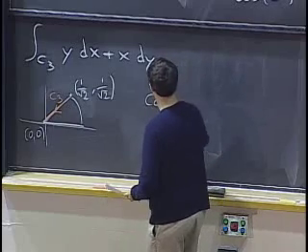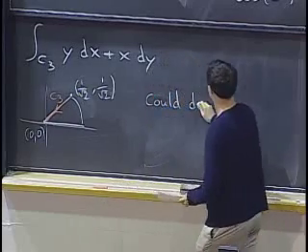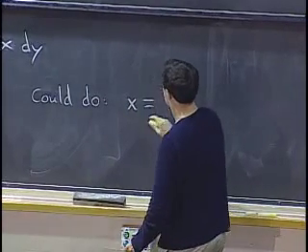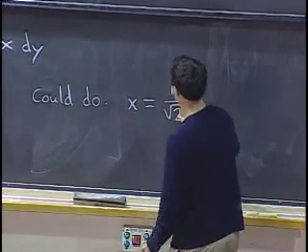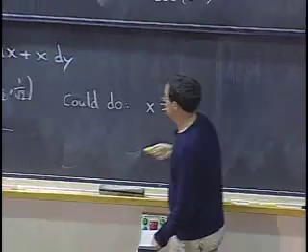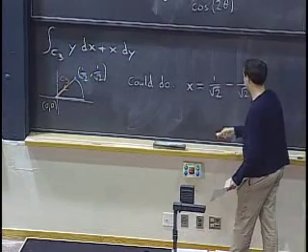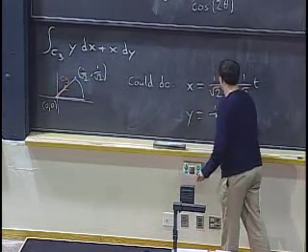So what we could do is say, let's parameterize this line. We start at 1 over root 2, and we go down by 1 over root 2 in time 1, and same with y.